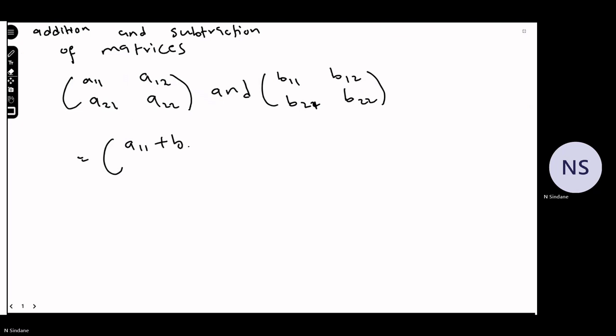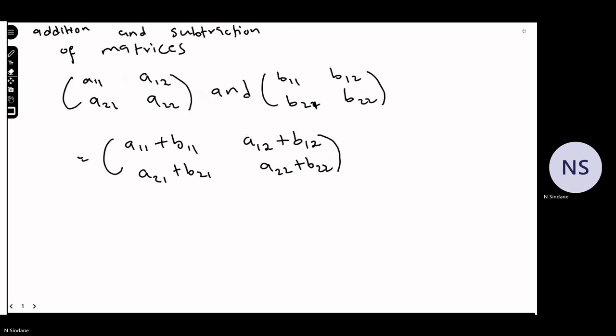Both of them are in row 1, column 1, so they add each other. And A1,2, which is row 1, column 2, will add B1,2, which is in row 1, column 2. Similarly, I'm going to have A21 plus B21, then A22 plus B22.